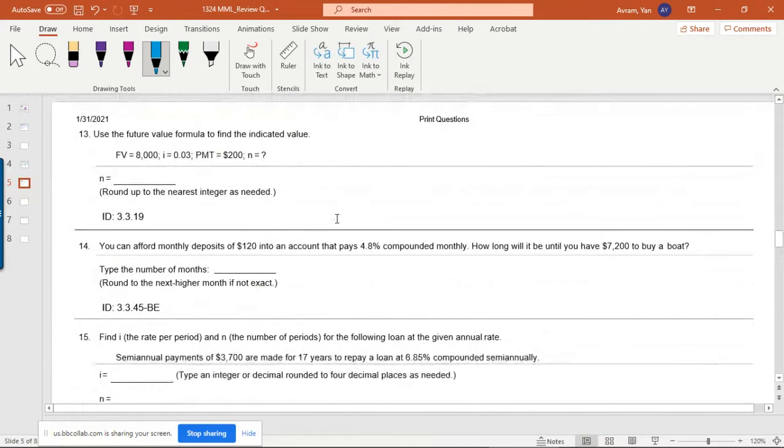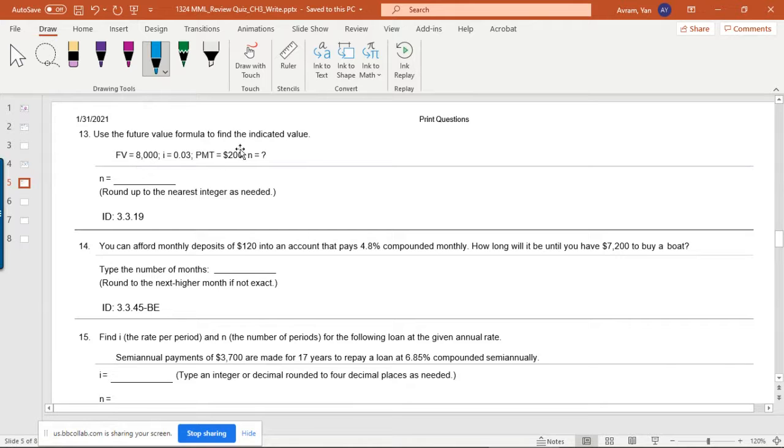All right, let's look at some of this one right here. Using the future value formula to find the N, okay, how much is the N? If you have a payment, that means you pay $200 into the bank account, the interest rate is 0.03, and the future value is 8,000, right? So how many payments do you have to make in order to accumulate that?